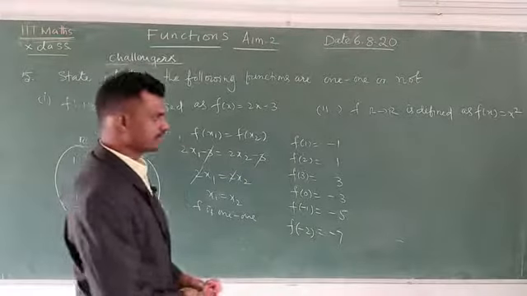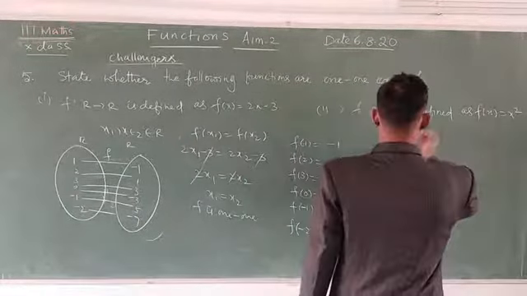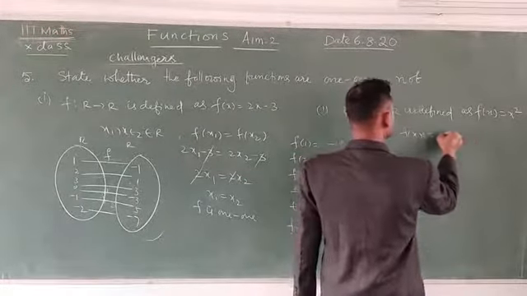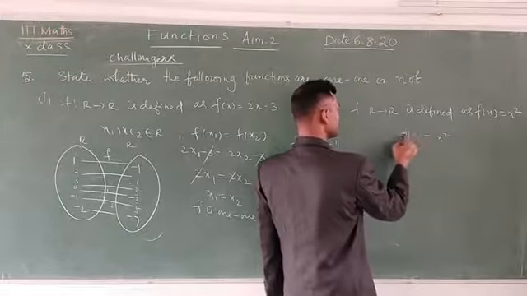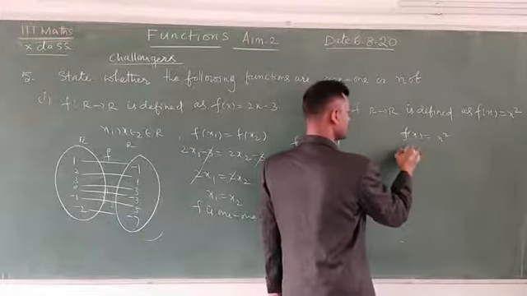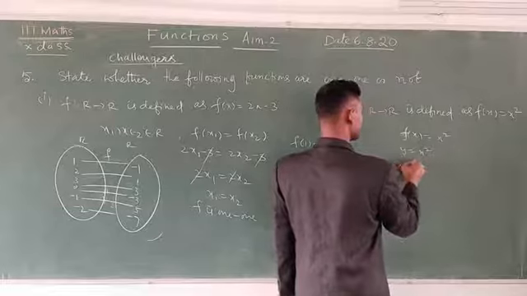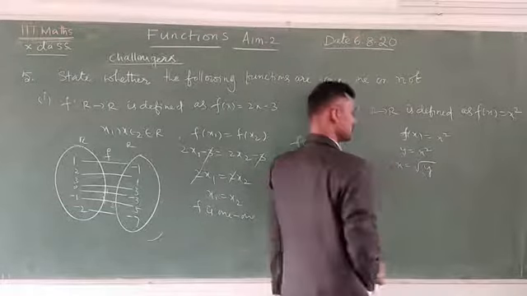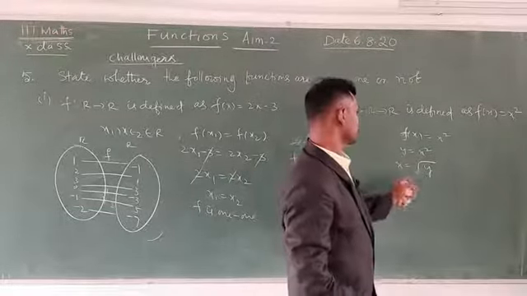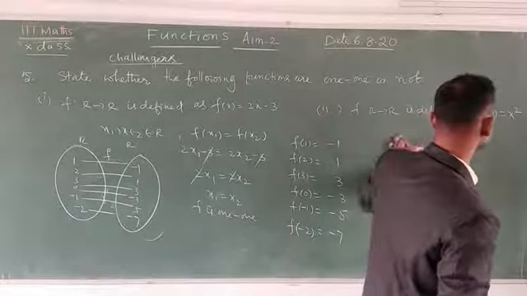Now see clearly, f of x is equal to x square as given. That means for f of x you can take y is equal to x square, then x is equal to under root y. Or otherwise, see whether this is a one-one function or not.